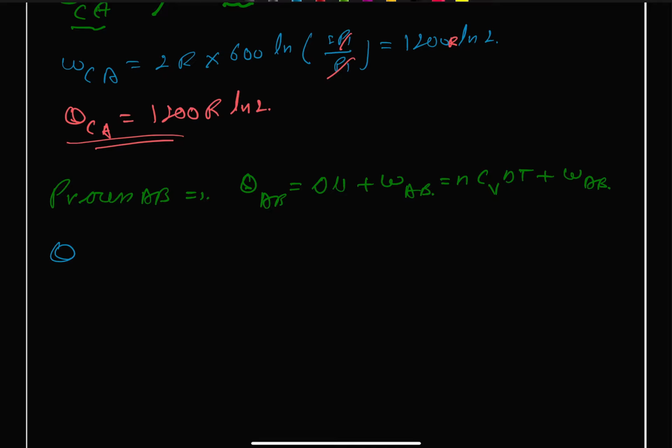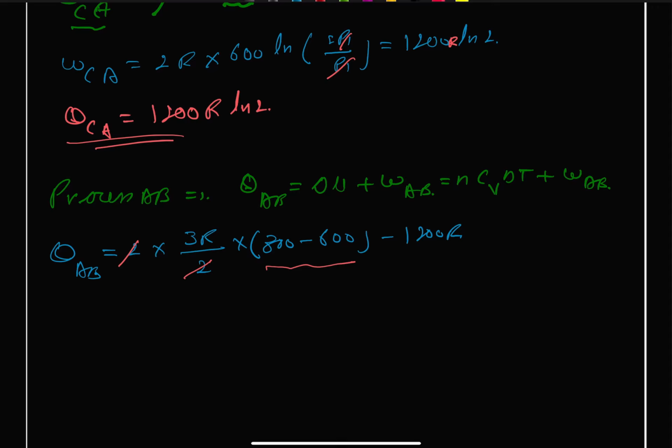So we get QAB will be equal to 2 multiplied by CV, which is 3R by 2, and the temperature difference is 300 minus 600, and the work done is negative 1200 times R. So here 2 and 2 cancel out, so this will come as minus 300, so minus 900, and minus 1200.